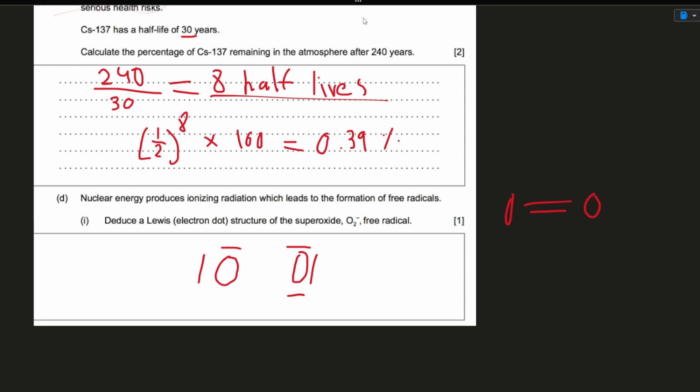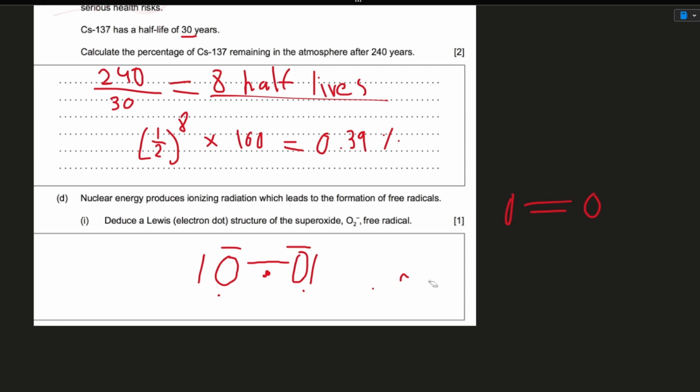instead of writing this, which would be incorrect, we write that they share one pair of electrons. Since both of them require a full outer shell, and they both offer eight electrons to the outside, they have to share one right here, because only one of the electrons would have to go to complete both of their shells.